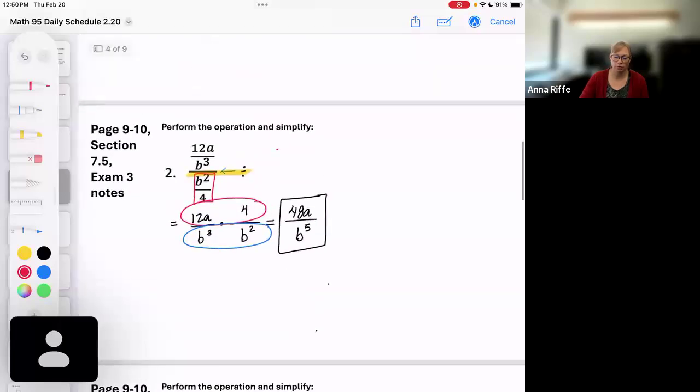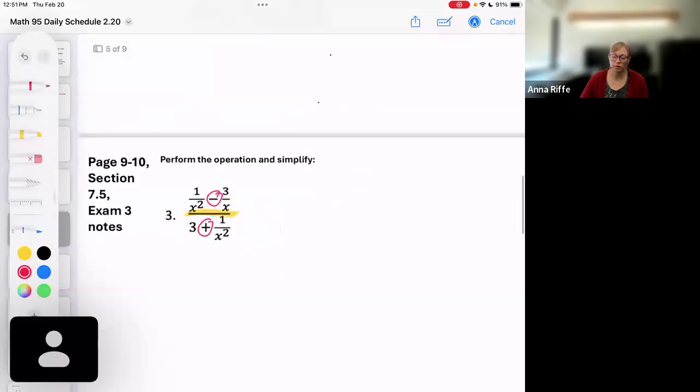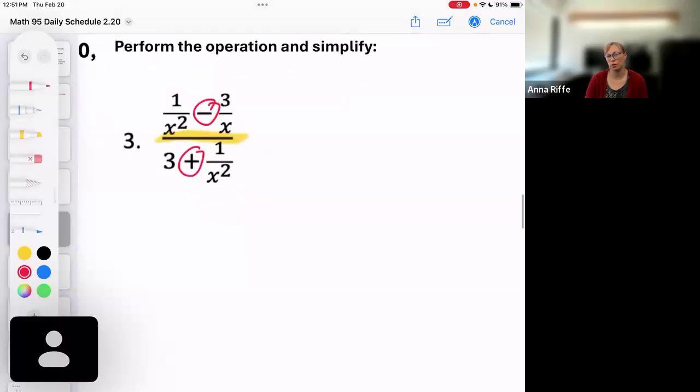So up here I have a single fraction on top, single fraction on bottom. If we were able to get 1 fraction in the numerator and 1 fraction in the denominator, we could go back to the process we just talked about. But I think that's manageable.